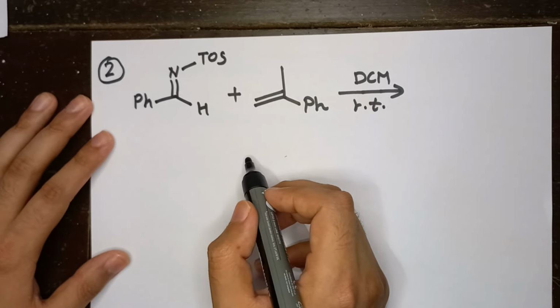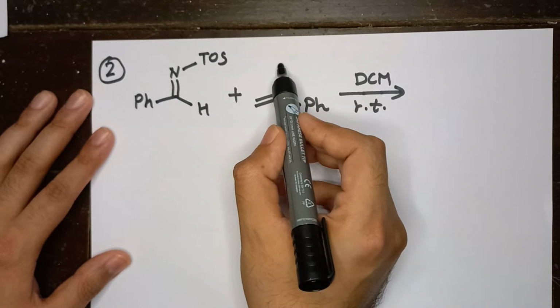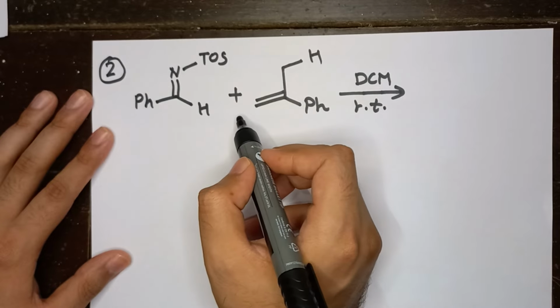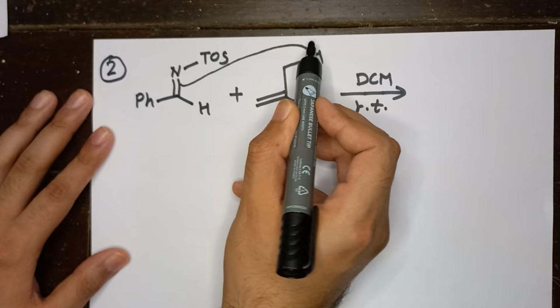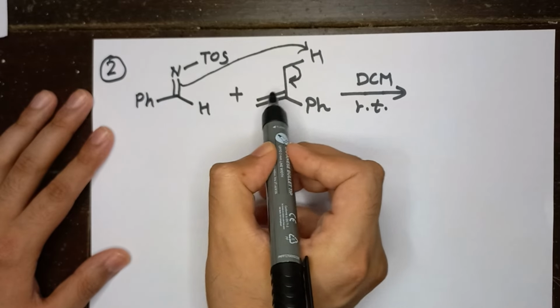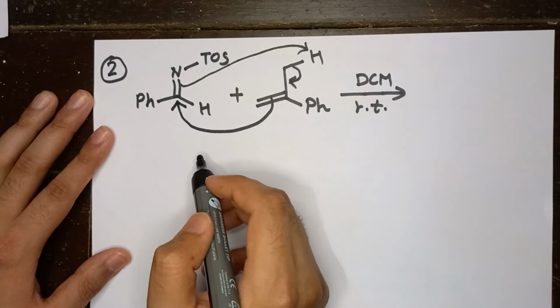So what is the product? This is my carbon next to an alkene and this has one hydrogen. So this double bond will take this proton, this C-H bond will form a double bond here, and this double bond will get attached to this center.